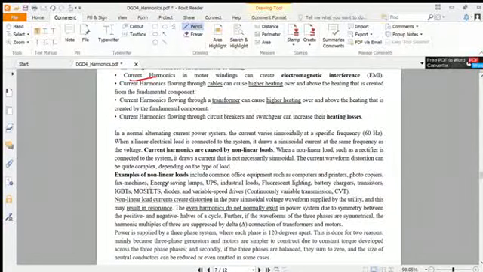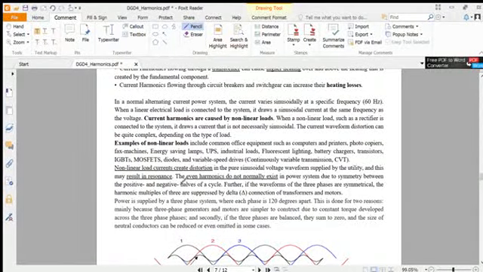Nonlinear loads could be energy saving spiral lamps, UPS, fax, photocopier machines, printers, and our laptops. These are examples of nonlinear loads that create current harmonics. These nonlinear loads distort the pure sinusoidal wave and may result in resonance, I mean electrical vibration.